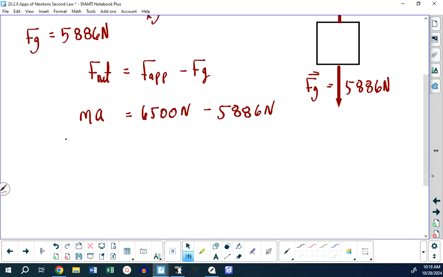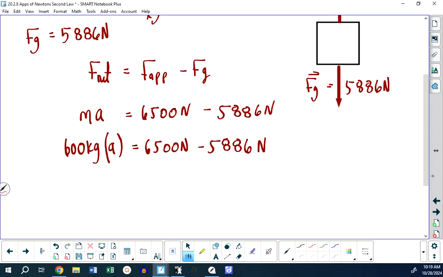And the mass was, I believe, 600 kilograms. So you have to subtract those two forces to get the net force. Well, you have to subtract the two magnitudes to get the net force, and then divide by the mass, and that will give you the acceleration.